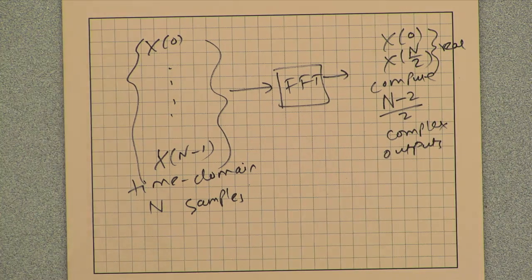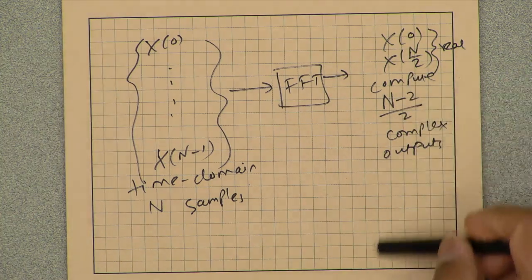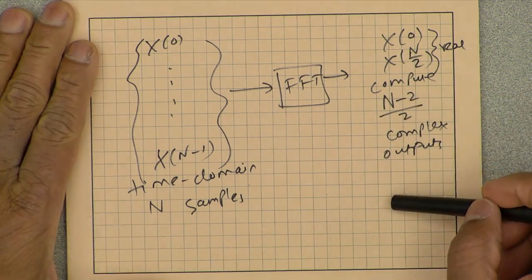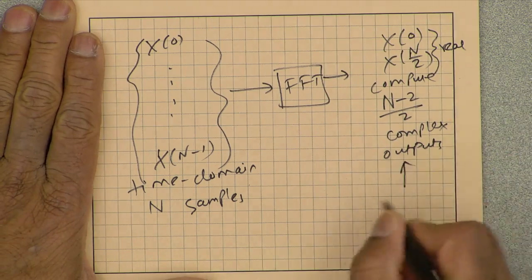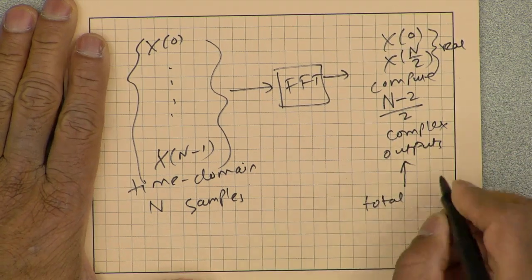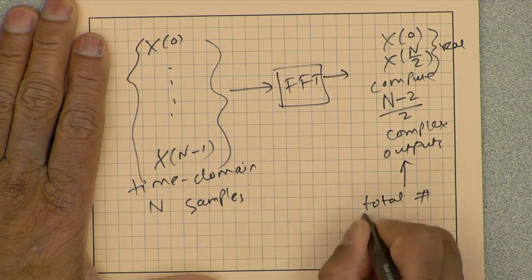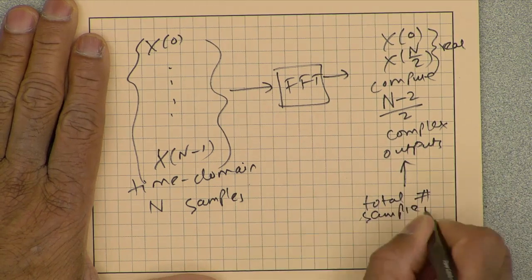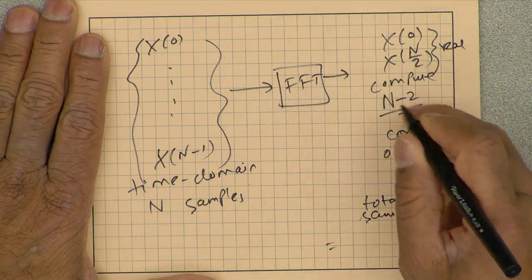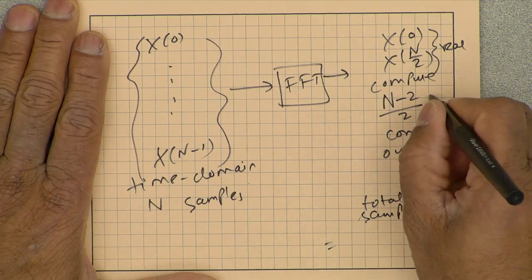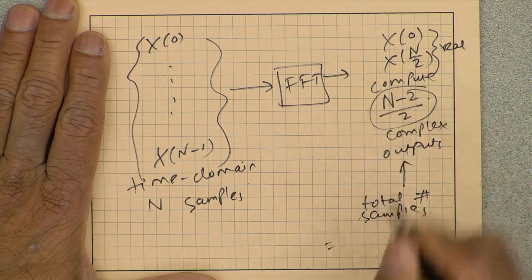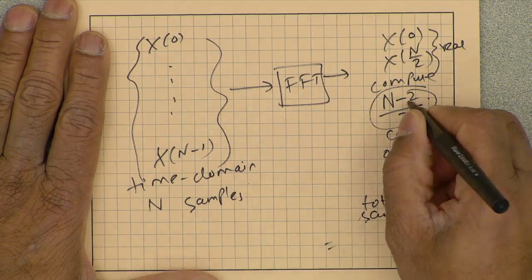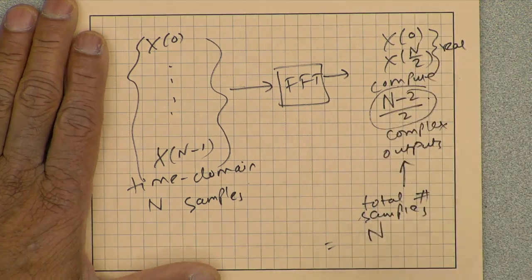So we are arguing that for the remaining N minus 2, half of them are conjugate symmetric, and we don't need to compute them. So for the total degrees of freedom, or total number of samples, this is real, this is real, and this is complex, like a plus jb. So there are 2 quantities for each of these complex samples. So 2 times that is N minus 2, plus 2 is again N.